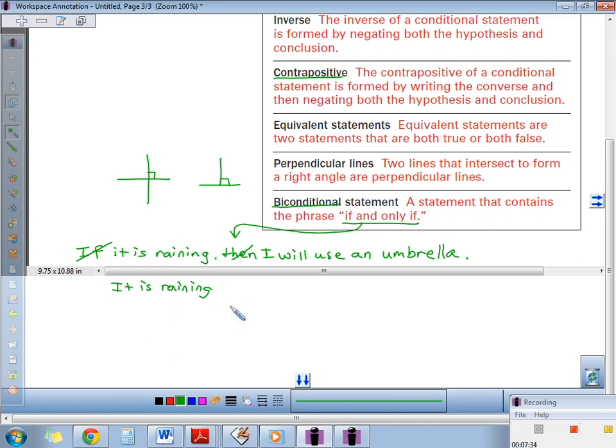We plug it in place of that then. I don't use a comma either. So I write, it is raining, if and only if, and I write that as IFF. That's the fast way to write it. Then I will use an umbrella.